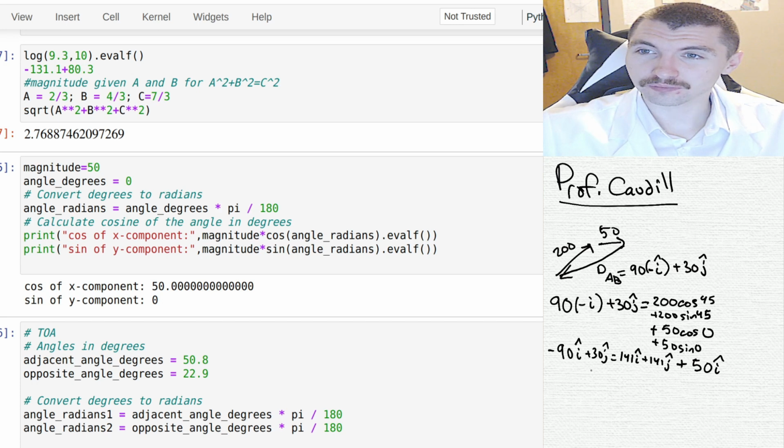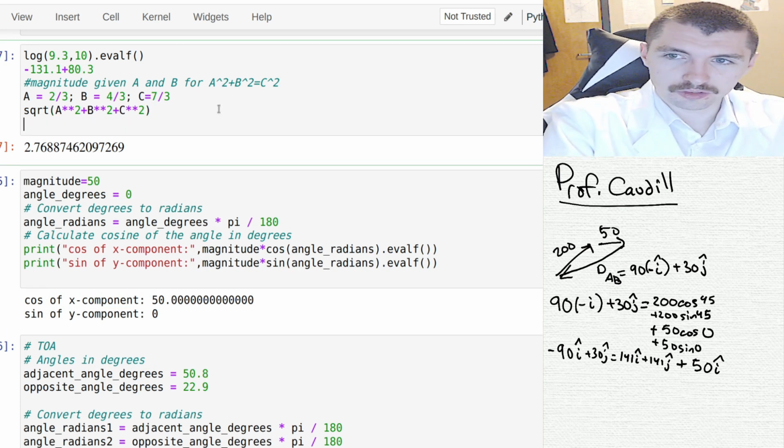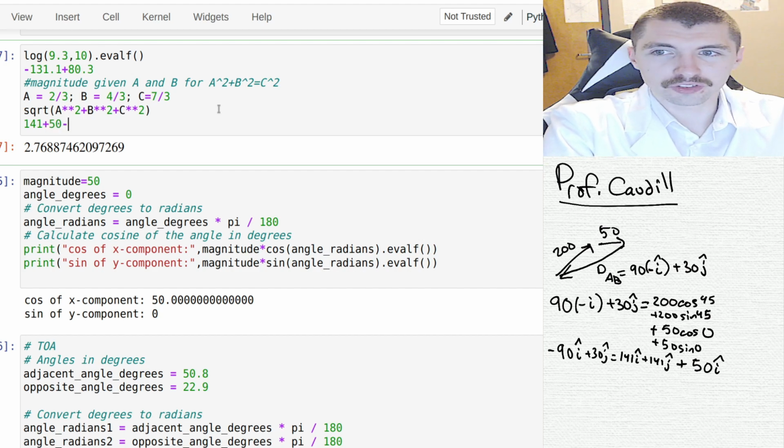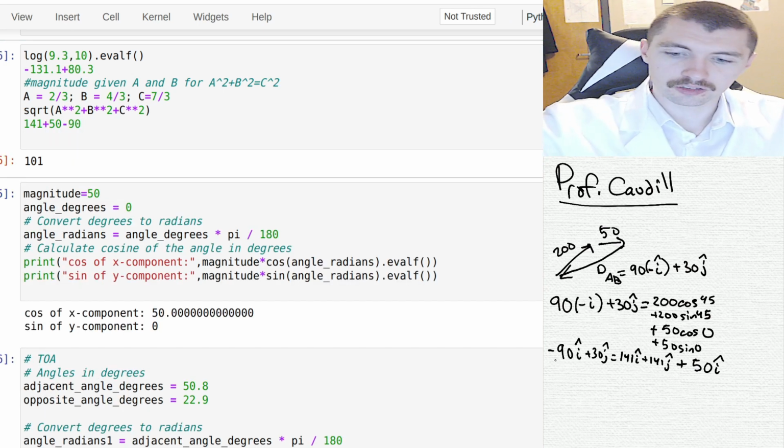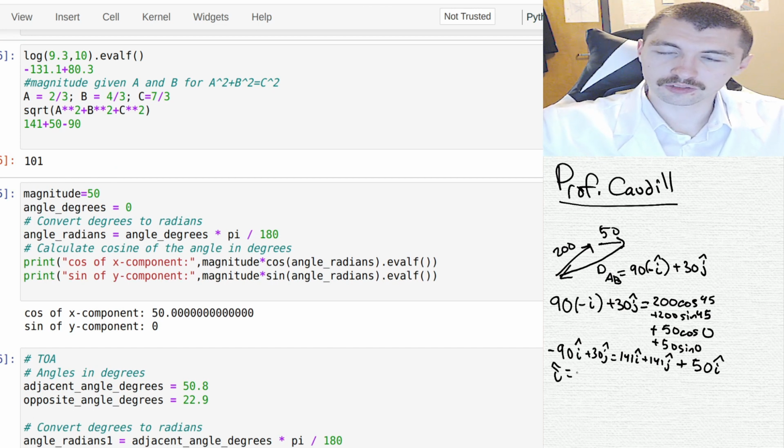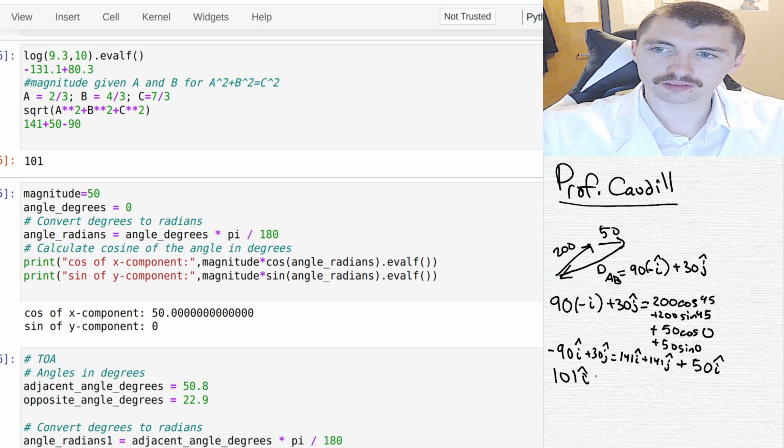So let's do 141 plus 50 minus 90. So this is equal to 101 i plus 191 j equals 0.